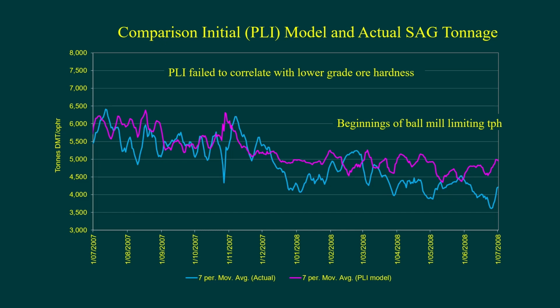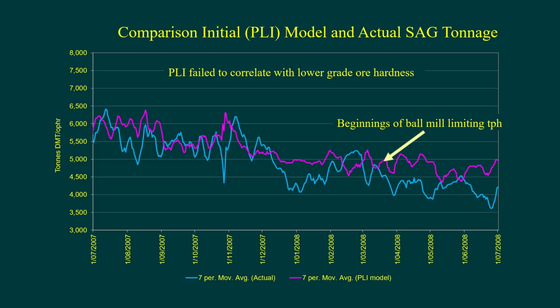The other thing that was noted was around this period here, whereas previously the circuit most of the time was SAG mill limited, we started to see periods where it was the ball mill circuit that was limiting throughput rather than the SAG mill circuit.